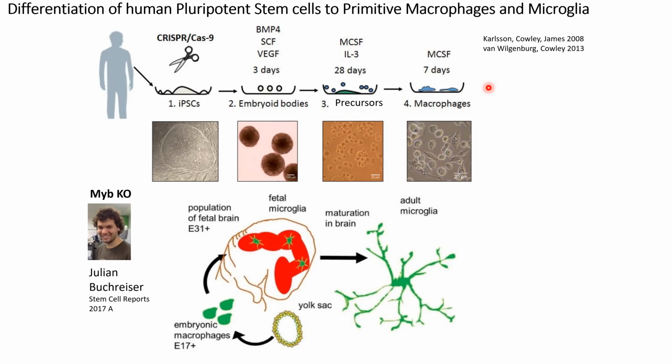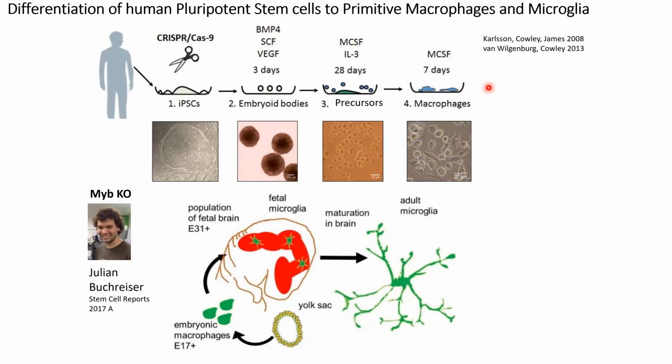And this means it's a great starting point for modelling microglia, because microglia start off life in the yolk sac. As primitive macrophages emerge from the yolk sac in early embryogenesis, they migrate into the developing embryo to populate all of the tissues of the body, to become tissue-resident macrophages, including the brain.